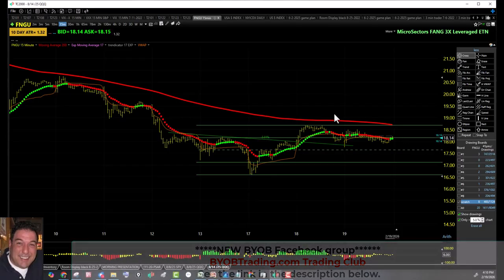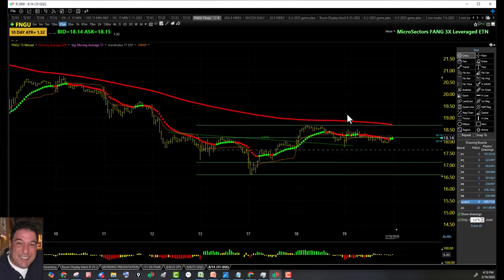Not quite good enough. Kind of need to be on the other side of the 200. Would have been much nicer. Still not seeing any exhaustion. Here's the neckline right there for the head and shoulders pattern. We're on the other side of the neckline, but we're certainly not breaking to the upside for this inverse head and shoulders here on FNGU.